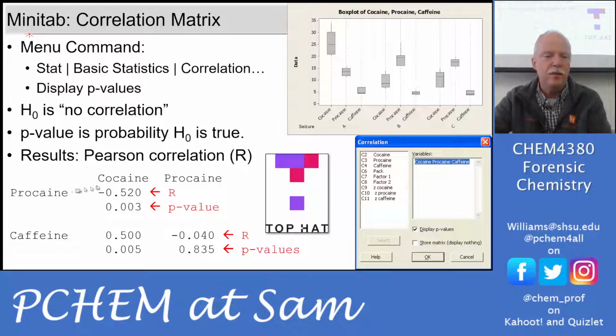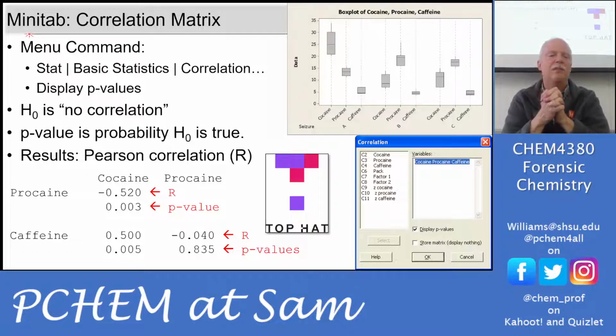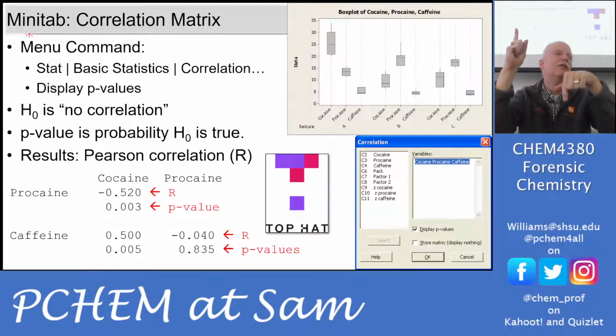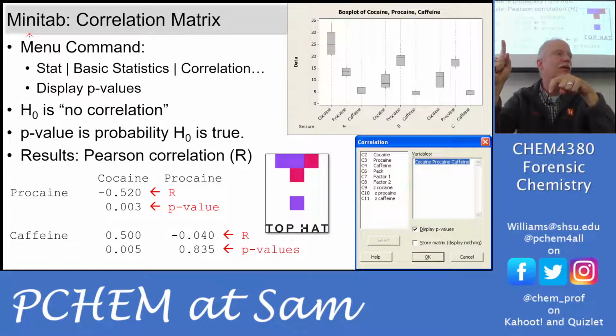So the cocaine-procaine correlation is negative 0.520. That's the correlation coefficient. And so it's saying it's negatively correlated. What that means is if cocaine goes up, procaine goes down. And it's roughly quantitative: if cocaine goes up by 1, procaine goes down by 1/2.